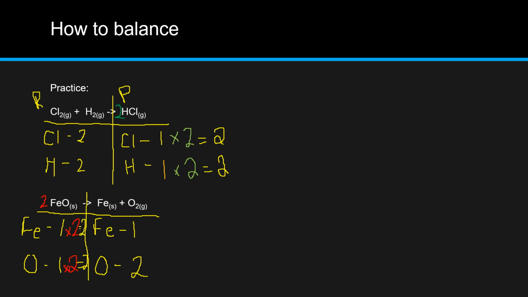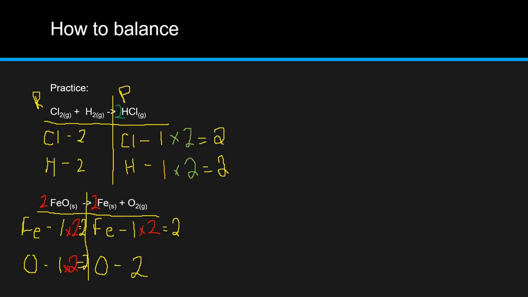That's fine, because I can do the same thing here, add a 2 there, and that means I'm going times by 2 here. And now my iron has also gone to 2. And now I have 2 of everything through my whole equation. And so what I see here are my coefficients of 2 iron oxide makes 2 iron and 2 oxygen.